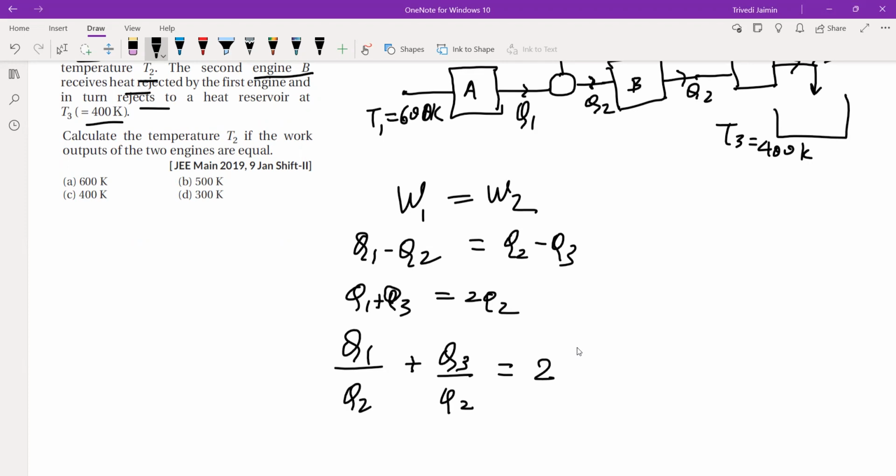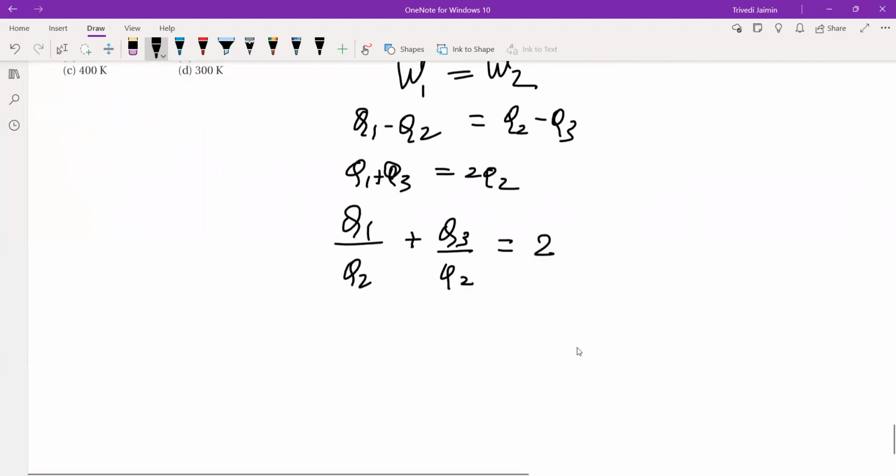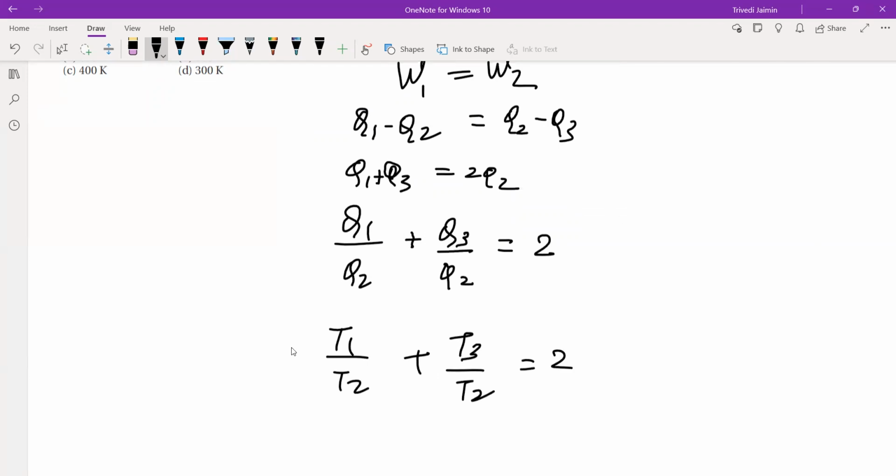I just saw this side. It's okay if I'm making any calculation mistake, you can stop me there and tell me. Okay, then we know the ratio, right? Same: T1 by T2 plus T3 by T2 equals 2.